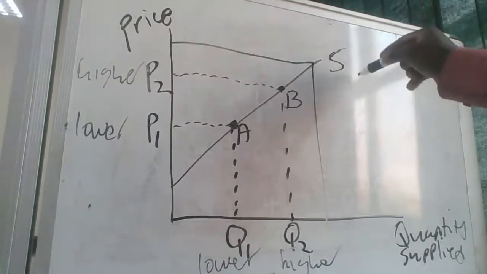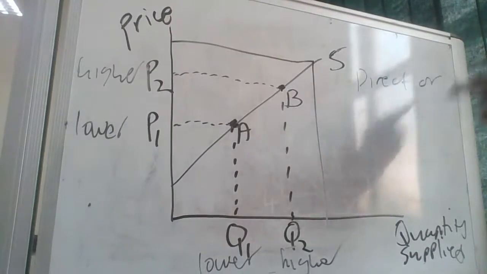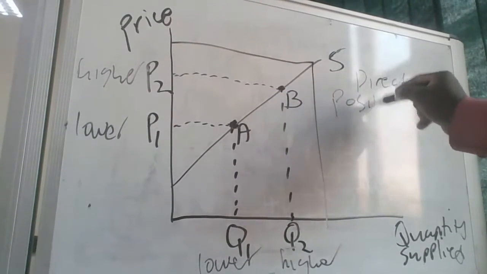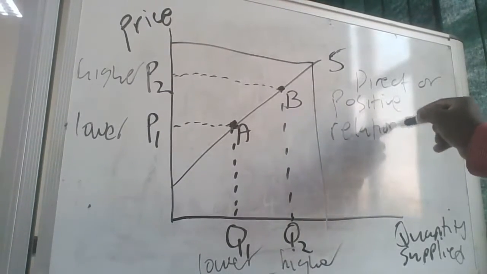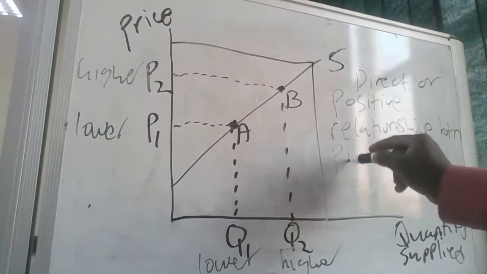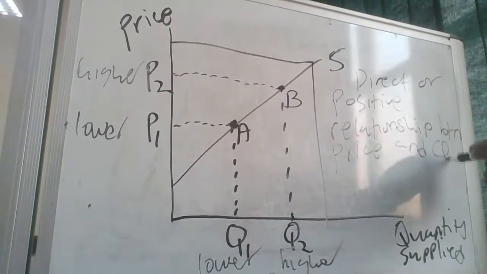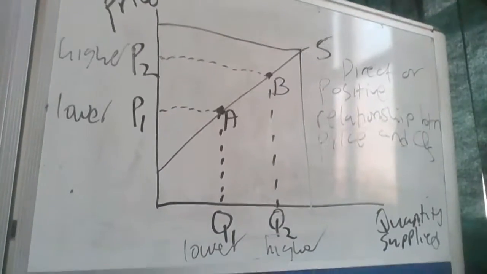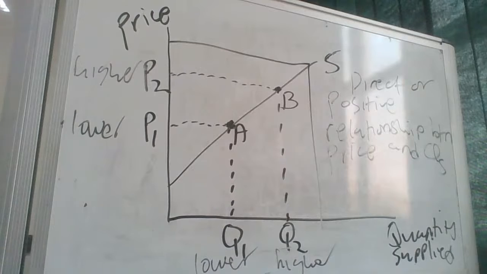Therefore, we conclude that there is a direct, or positive, relationship between price and the quantity supplied, QS.